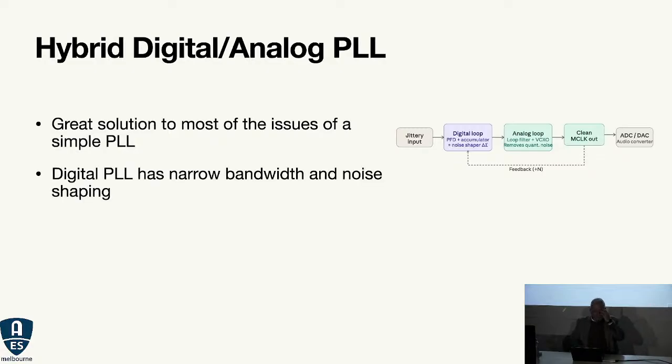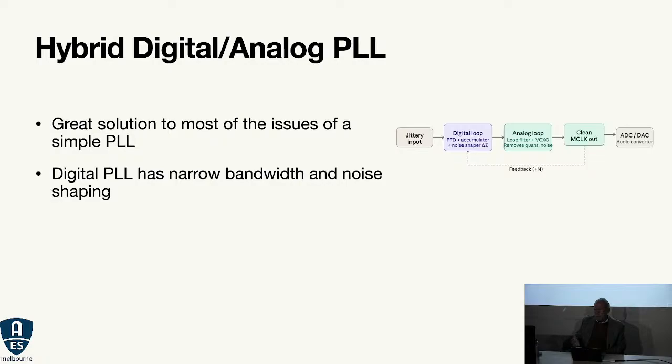So the digital PLL has very low bandwidth, very narrow bandwidth. Very typical is 3 hertz, 1 hertz, a very, very narrow filter. So it still has the characteristic that any noise that's coming in will pass through that loop filter.